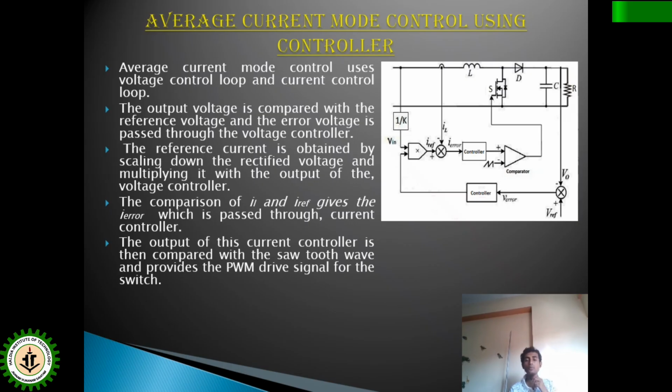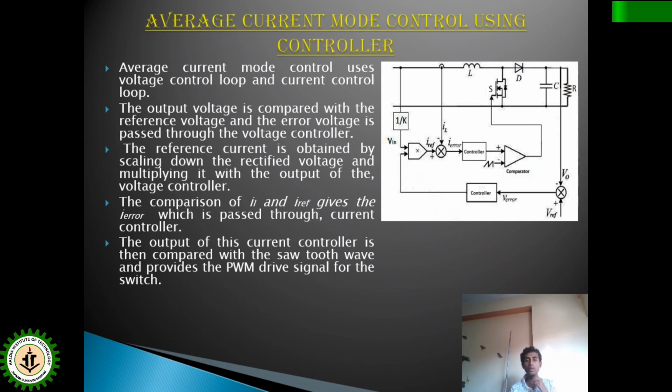If we have to increase the output voltage, we will increase the reference voltage accordingly. The reference current Iref will be increased, and accordingly the current controller will generate a signal through the comparator and the pulse width will be larger, so the voltage will be more, and vice versa.